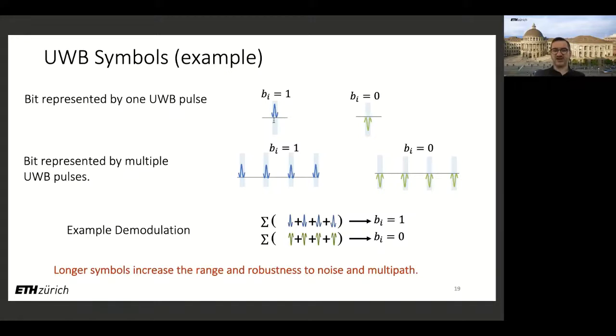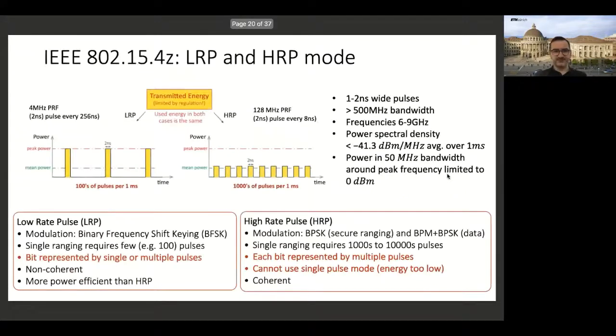So in this example, we have this very simple example where bit 1 is 4 positive pulses, and bit 0 is 4 negative pulses. Now this positive and negative can be realized through on-off keying, can be realized through phase, or in some other way, but that would be too many details now. But just keep in mind that we have these two polarities, right?